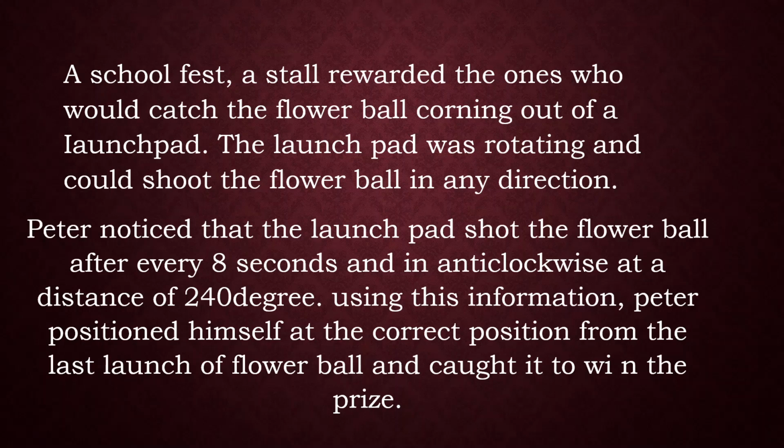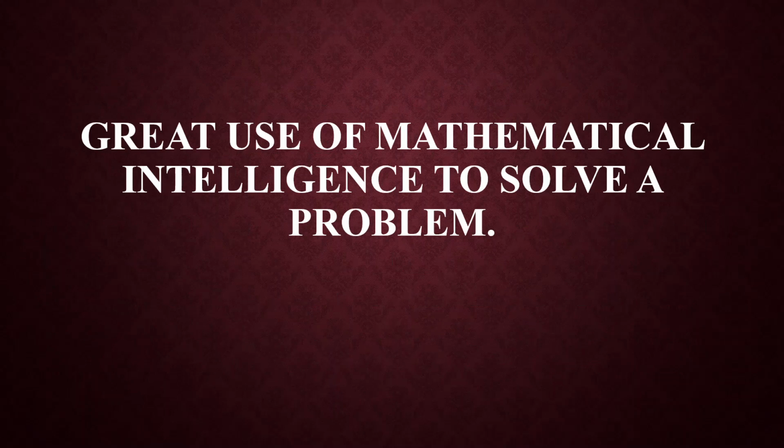Using this information, Peter positioned himself at the correct position from the last launch of the flower ball and caught it to win the prize. So, a great use of mathematical and logical intelligence to solve the problem.